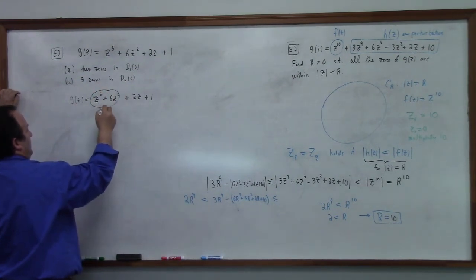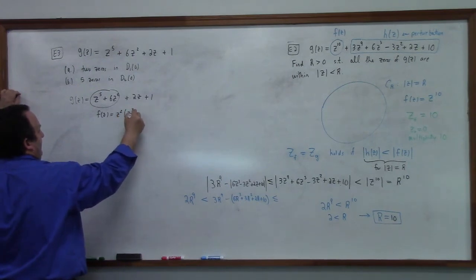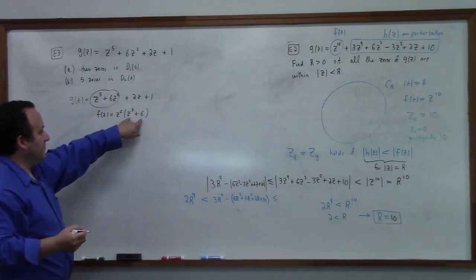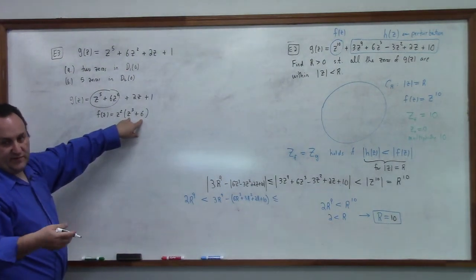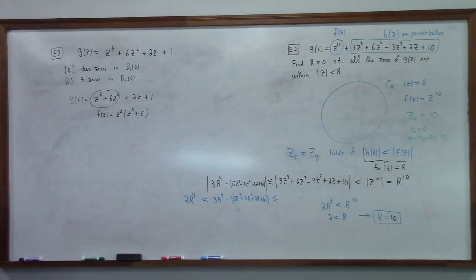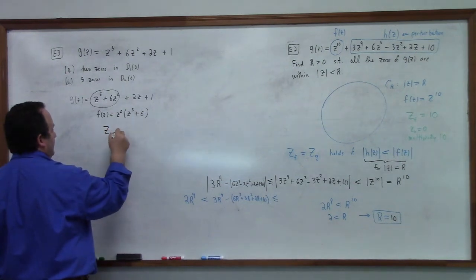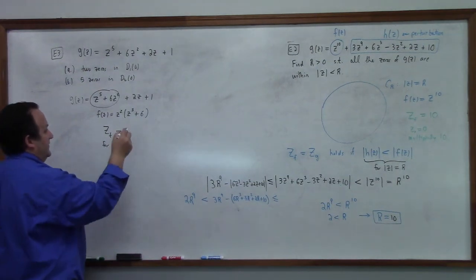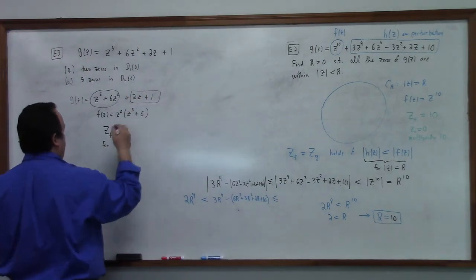If that's f of z, that clearly has 2 zeros, and just 2 zeros, because the other zeros are on the circle of radius square root of 6. So the number of zeros for f is equal to 2 when we take D1 0. So this would be my h of z.